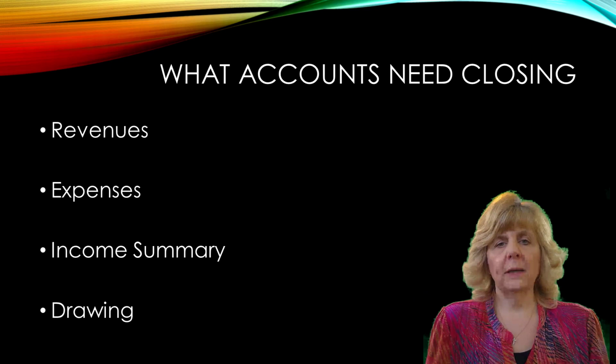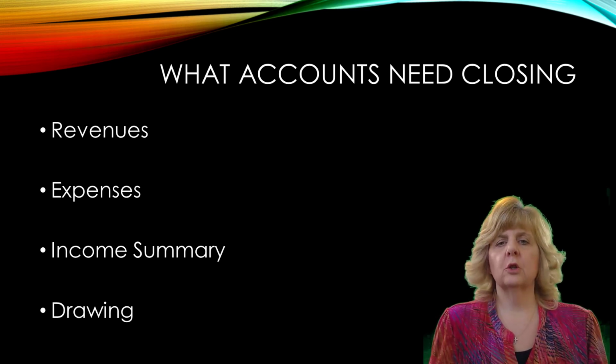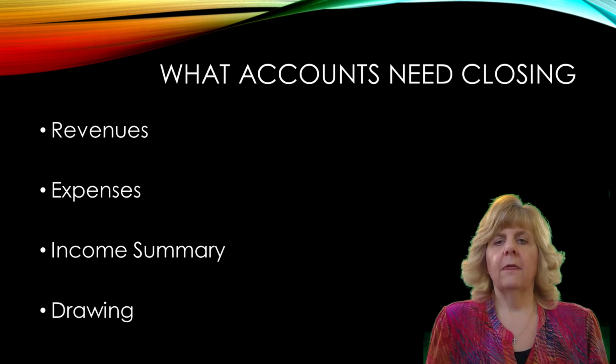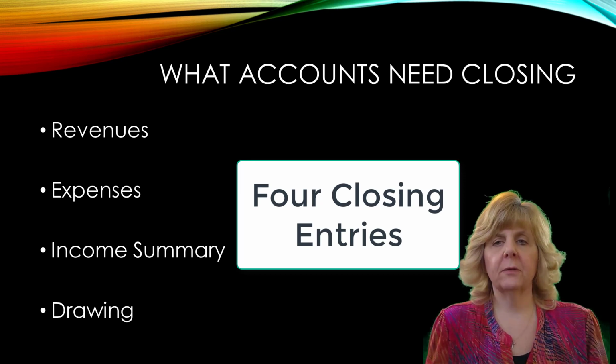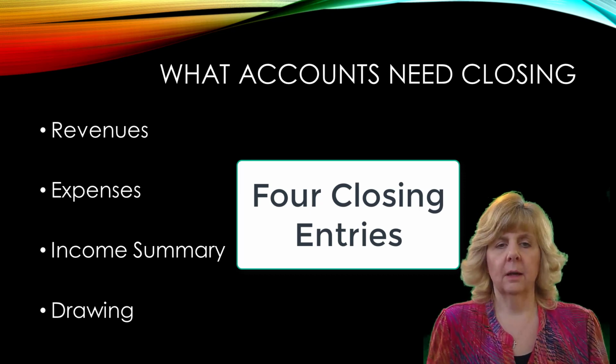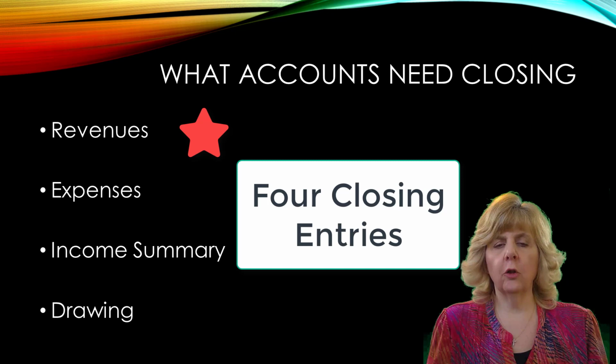No matter what size the company is, or no matter what industry the company's in, there are 4 entries which need to take place in order to accomplish the goals of the closing entries. They are done in a specific order. First, we'll locate all the revenue accounts and close them out.